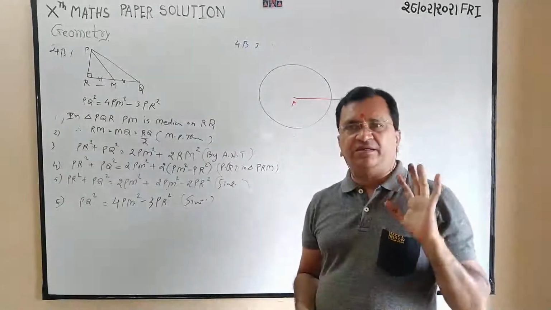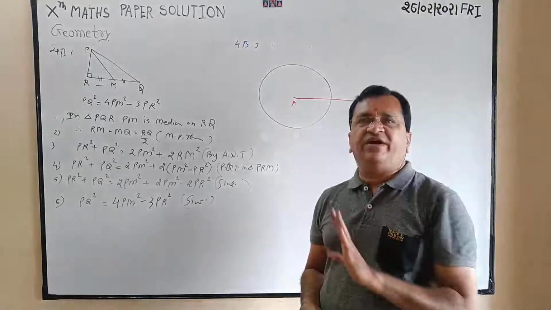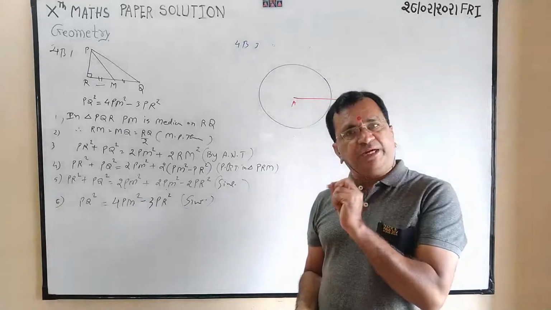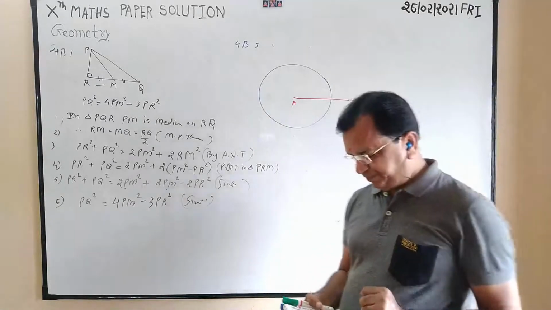Radius is 3.5. From the center 5.7 is the distance. Now from that outside point we have to draw two tangents.